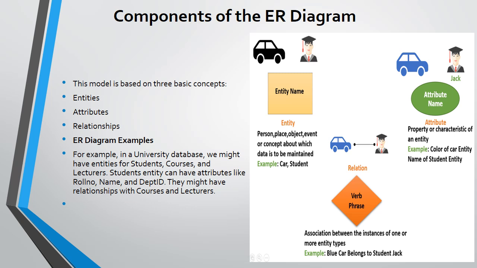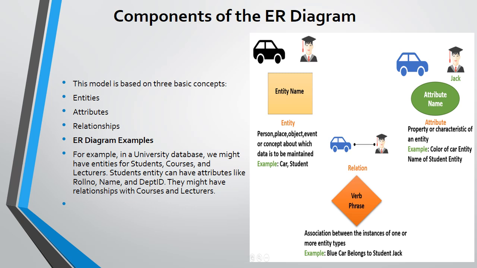Next, components of the ER diagram. There are mainly three components of an ER diagram: entities, attributes and relationships. An entity belongs to the real world elements. It may be any object, class, person or place.